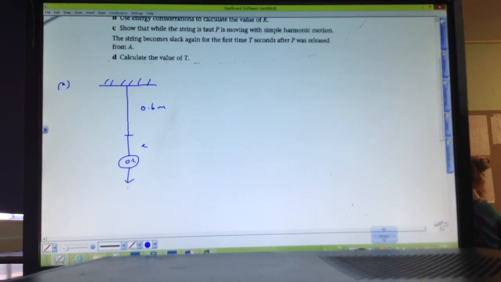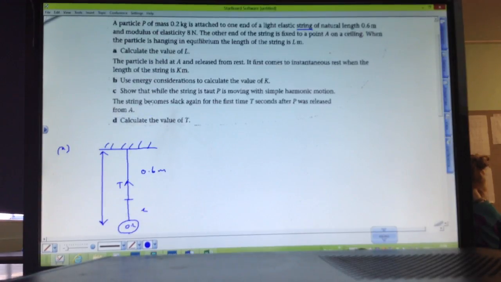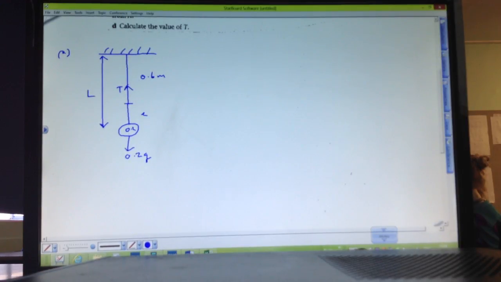That going down there is 0.2 G. That going up there is T, and the dimension I want is, as it said, that there is L. So the length of the string is L, when the particle is hanging in equilibrium. So we've got Hooke's law.